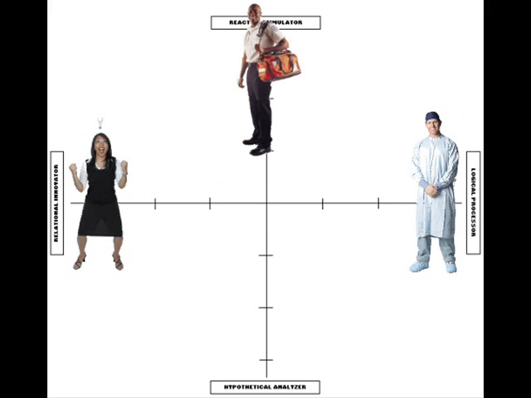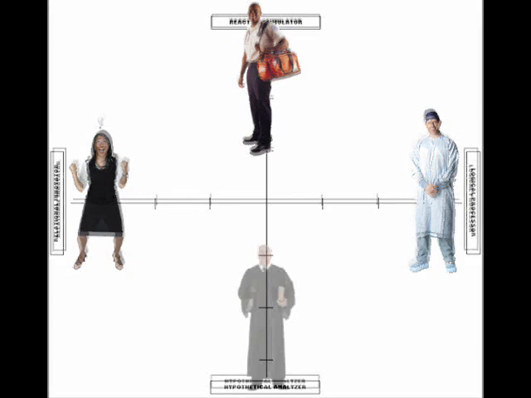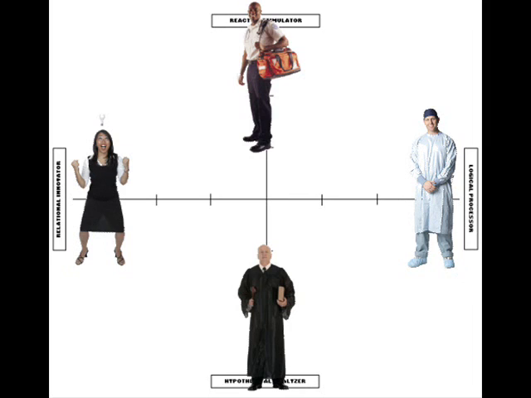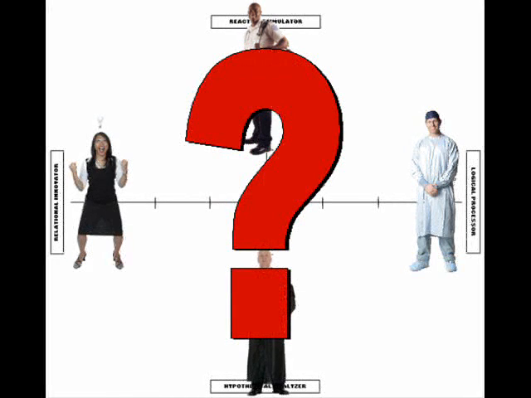The instant action RS is ideal in a crisis situation where the result is more important than the method. If your heart stopped, you'd want it restarted, fast. Just how it's done is of secondary importance. And finally, a judge facing a complicated case would find good use for the thoughtful HA strategy.